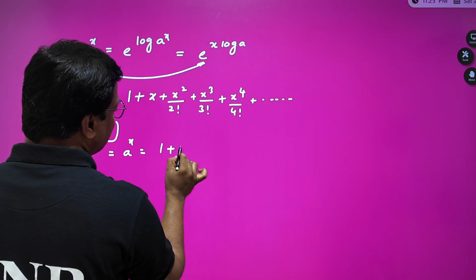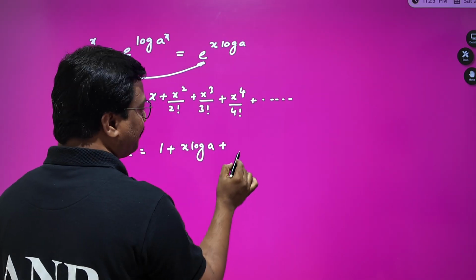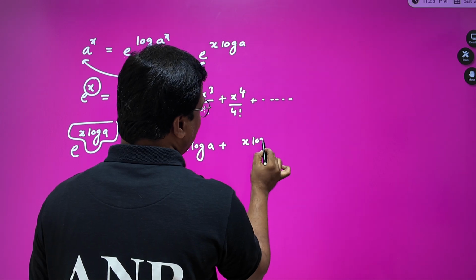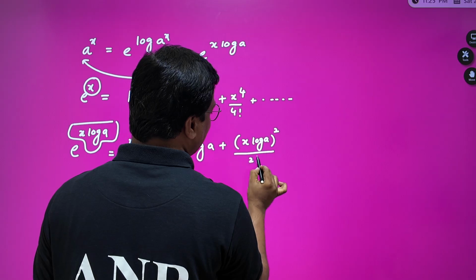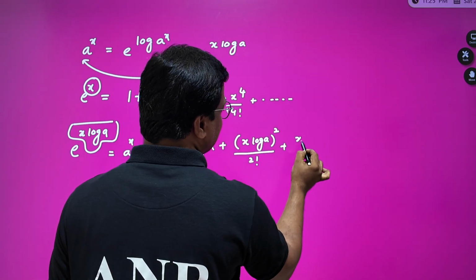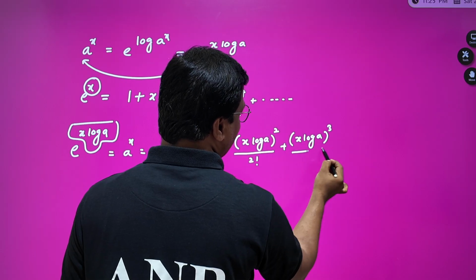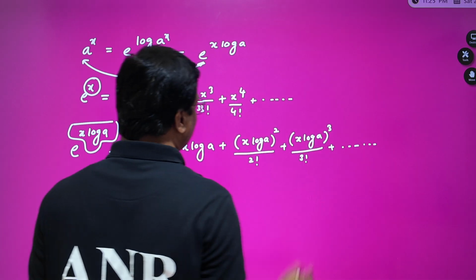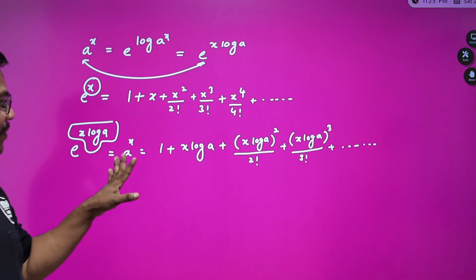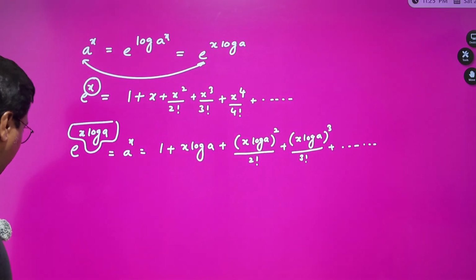So 1 plus x log a, next x log a whole square divided by 2 factorial plus x log a whole power 3 by 3 factorial plus and so on. So in this way you can remember the expansion of a power x.